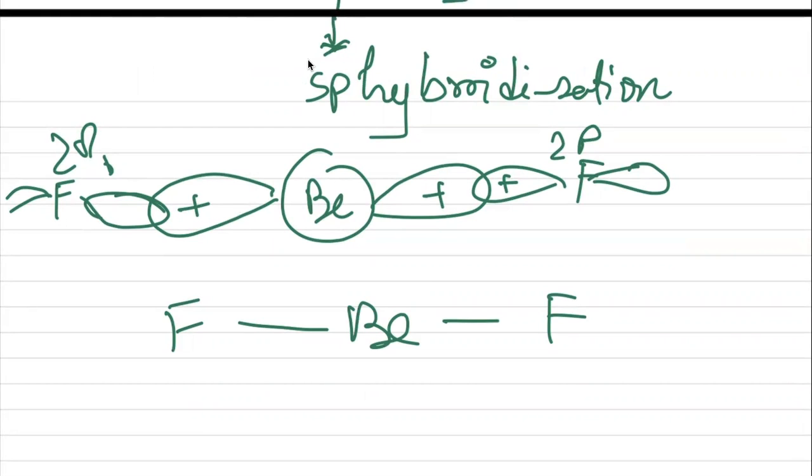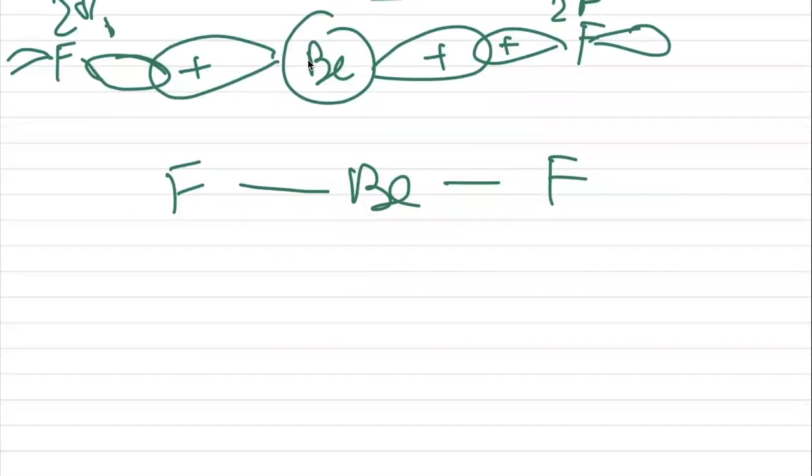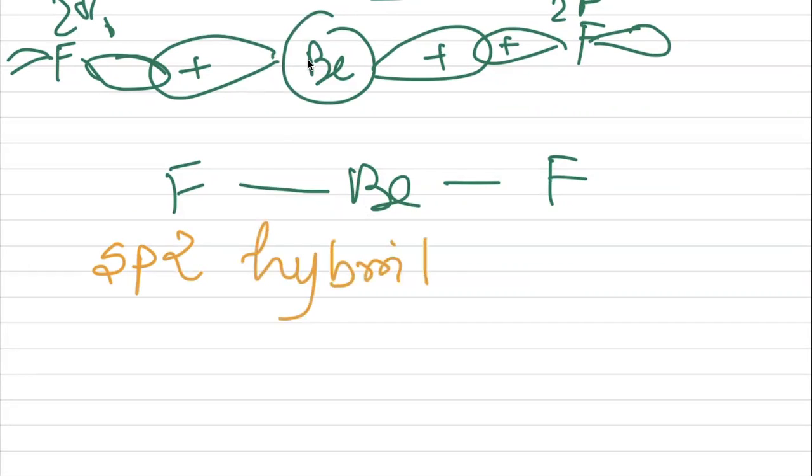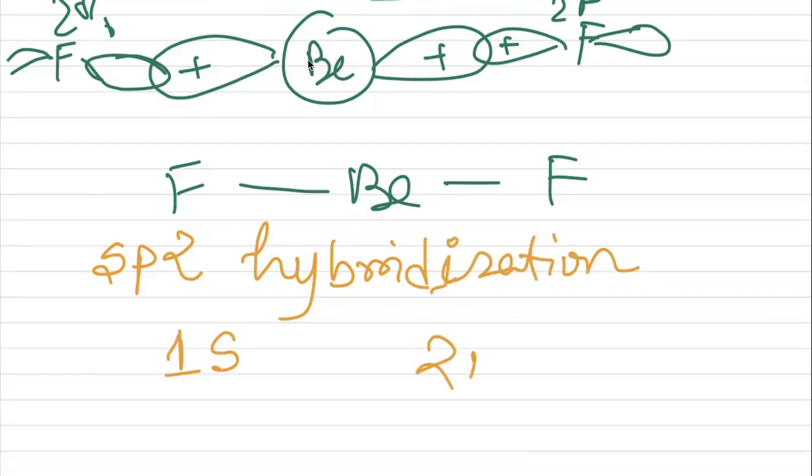Okay, now we have to look at sp2 hybridization. That means one s orbital and two p orbitals will intermix with each other.